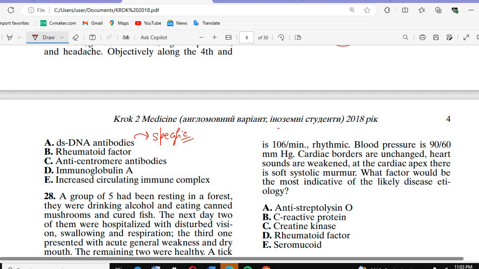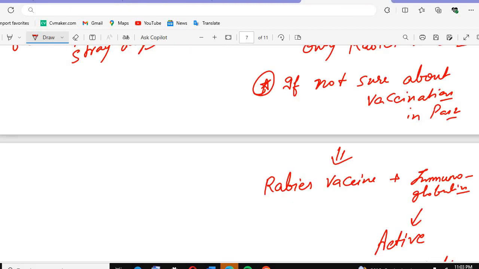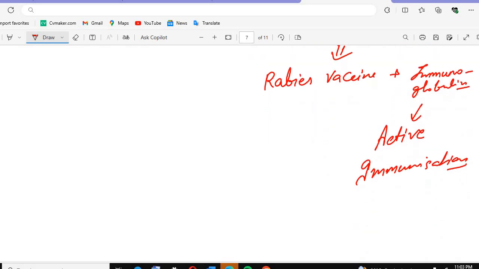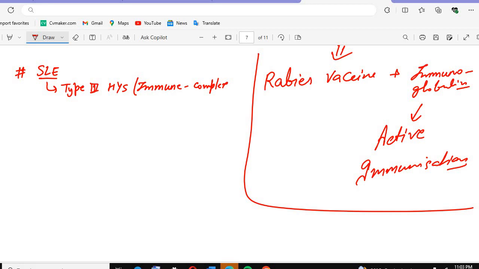SLE is systemic lupus erythematosus. It is type 3 hypersensitivity, and in type 3 hypersensitivity there would be immune complex deposition.